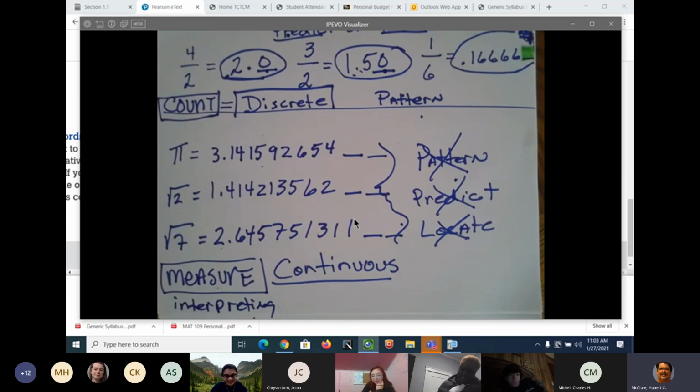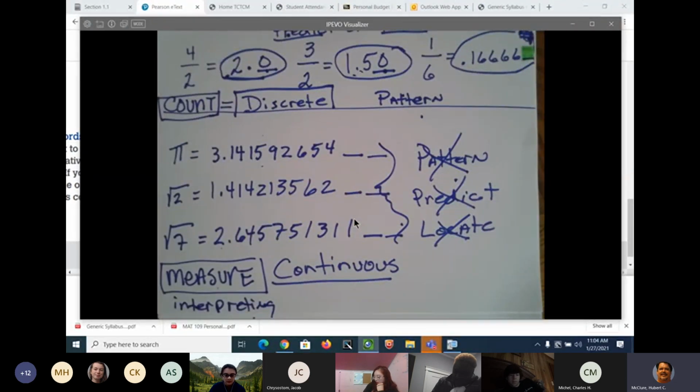Because I'm not naked. Or what does the doctor scale always do to you? Make you bigger. It makes you weigh more. Why are they different? Because measuring is continuous. Measuring, you can't locate it, you can't predict it.